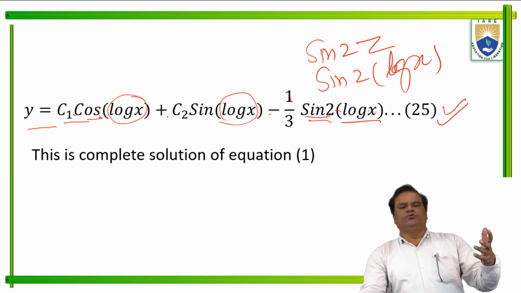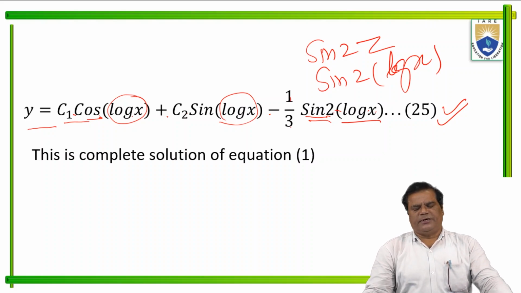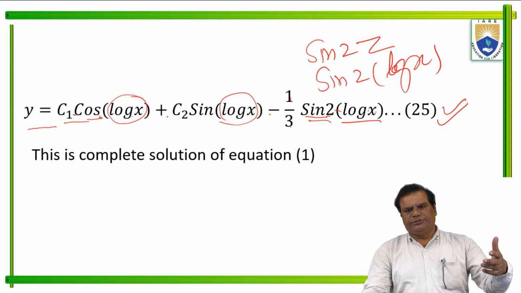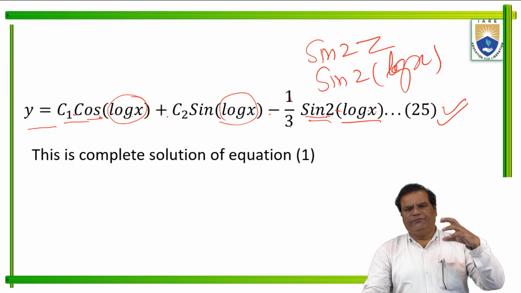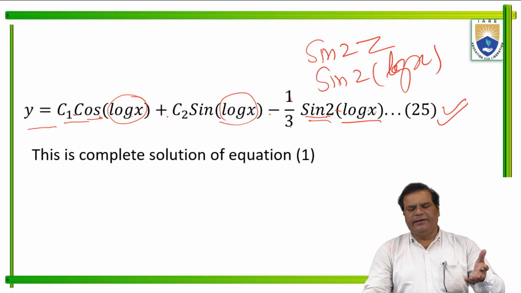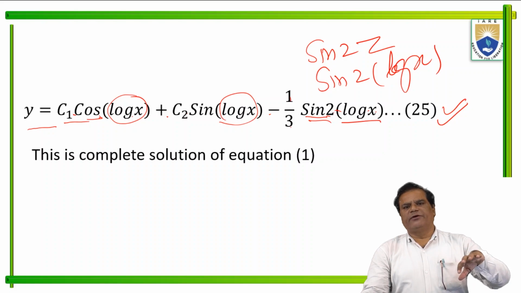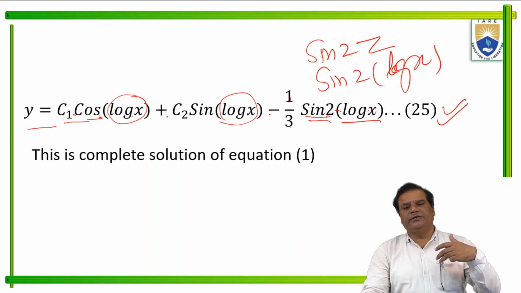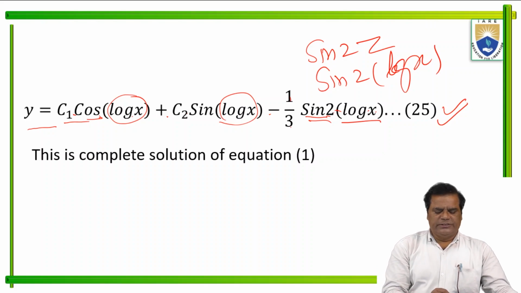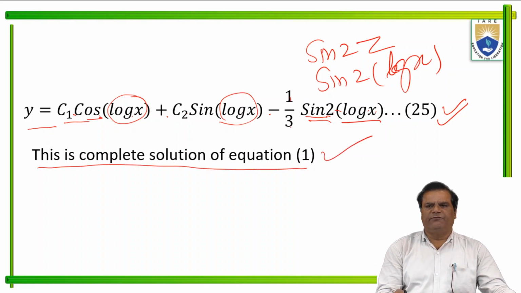Equation 25 is the complete solution of the given question in the question paper, in which x is the independent variable. We found the solution in equation 24, in which z is the independent variable. After putting the value of z in 24, we get equation 25, in which x is the variable. So this is the complete solution of equation 1.